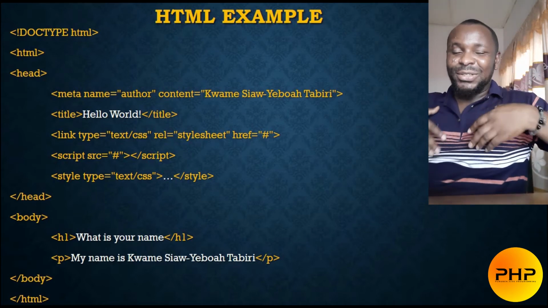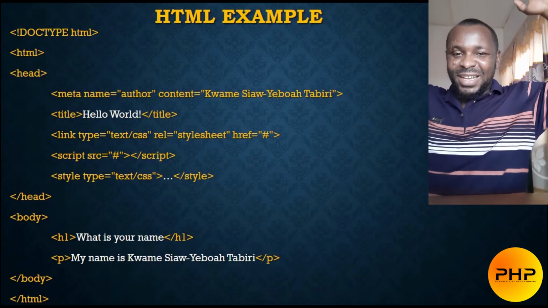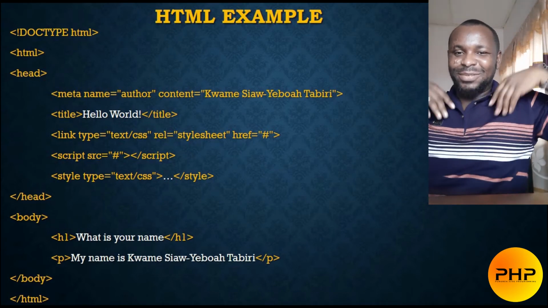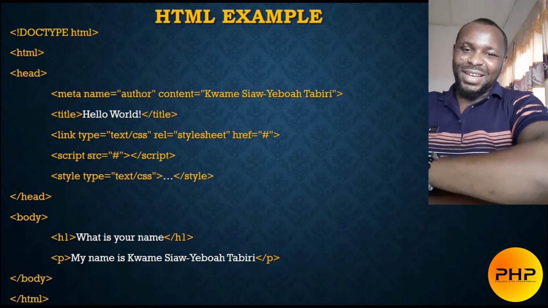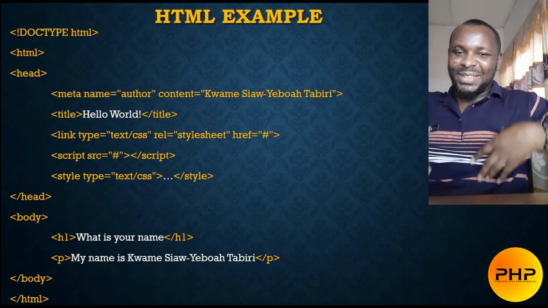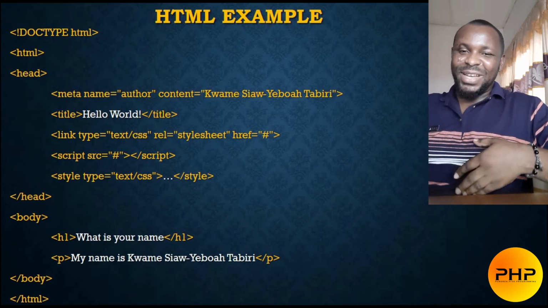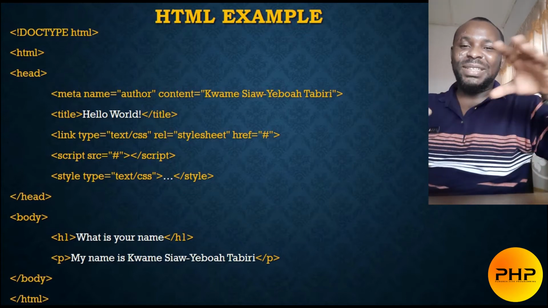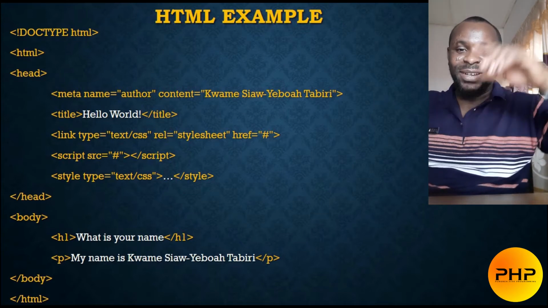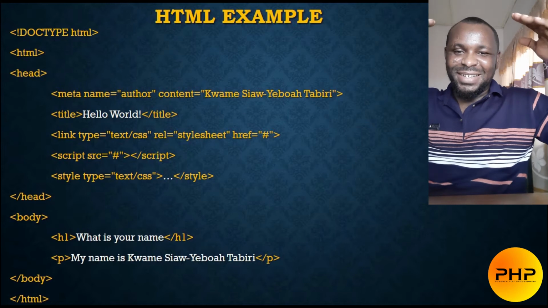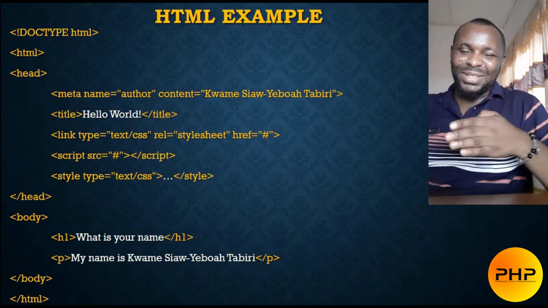Then comes the body. So you see from the HTML, this is a structure. It starts from the head, then it comes to the body, then it comes to the footer. The body serves as the content. So when you access any website, from the top we have the head, then the body comes where you see some sliders and other content in there.